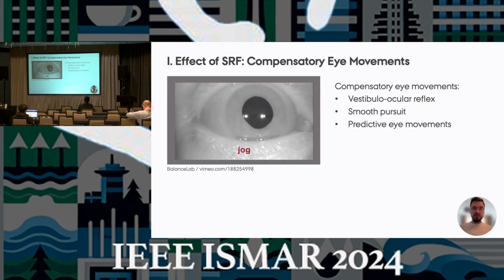Firstly, from prior literature, we know that during locomotion, gaze fixations are supported by the compensatory eye movements listed on this slide. Vestibulo-ocular reflex, for instance, rotates the eyes in the direction opposite to the head rotation. This happens constantly on the go due to body kinematics.